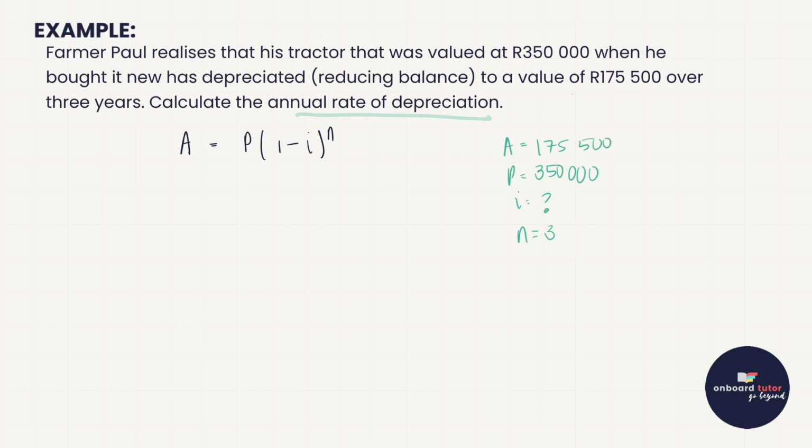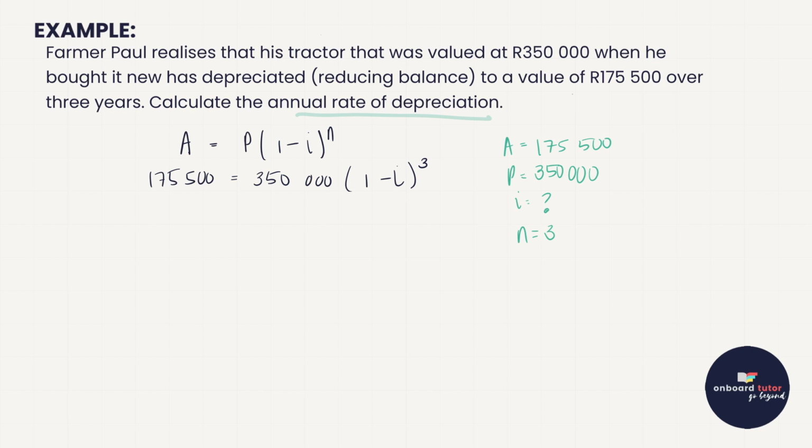Because it's depreciating, the future value is definitely smaller than the present value. Then we can substitute in. So 175,500 is equal to 350,000 times 1 minus the i we don't know, to the power of 3.